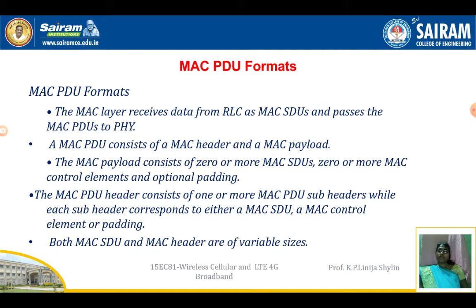This MAC PDU consists of a MAC header as well as the MAC payload, and this MAC header has one or more protocol data unit subheaders, and this payload has 0 or more MAC SDUs and 0 or more MAC control elements and optional padding. Let us see it in the diagram.